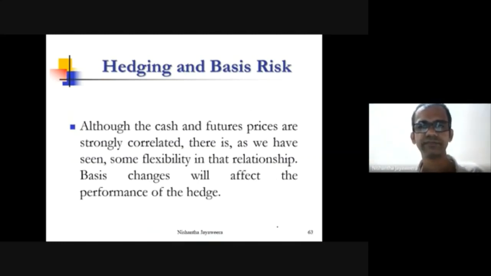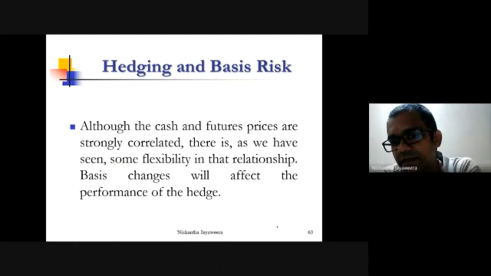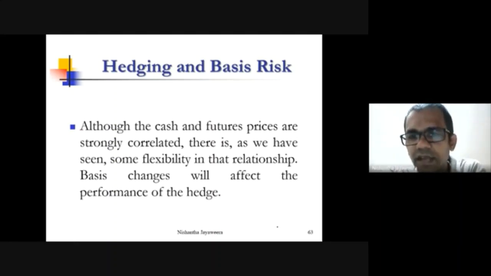But the thing is, as we discussed earlier, the futures price and the cash price may not change by the same amount. That means the difference may not remain the same during the life of the futures contract. That difference may change with time.